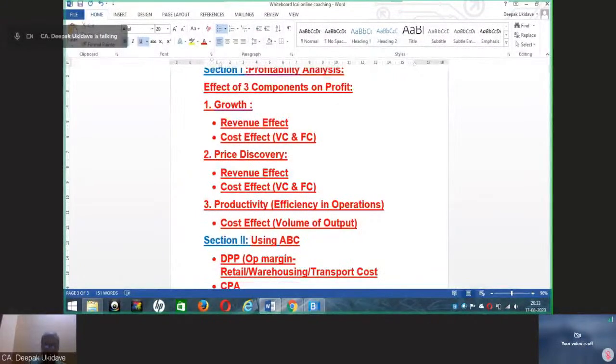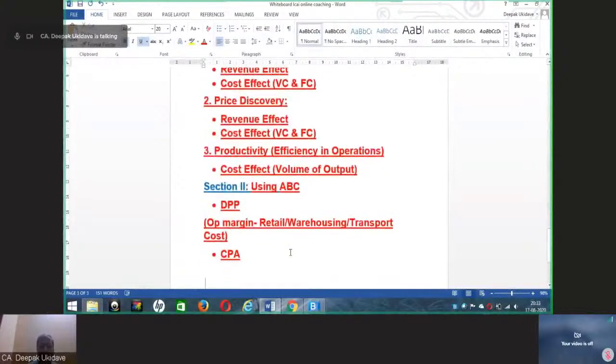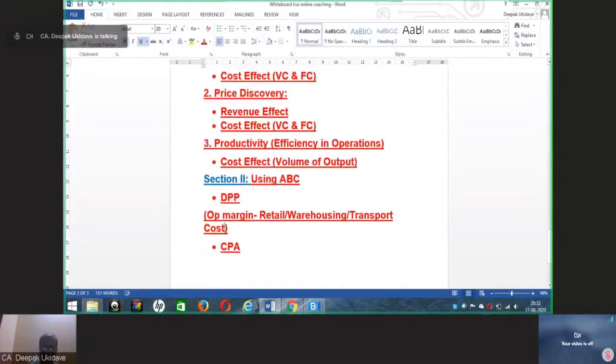These have to be captured. Direct product profitability means operating margin minus retail, warehousing, or transportation cost to arrive at the net profit of each product.